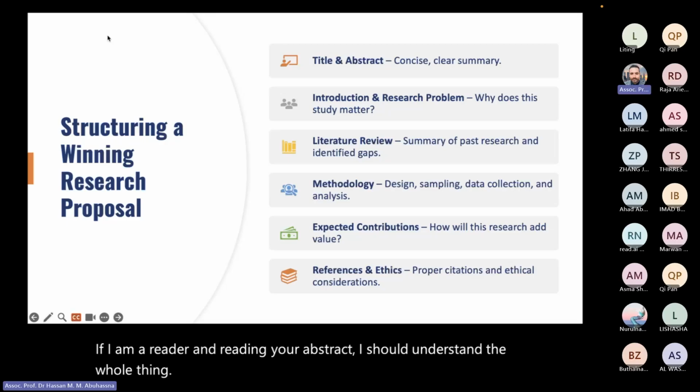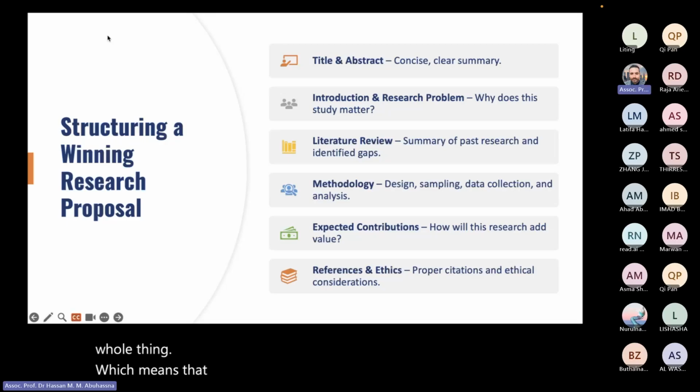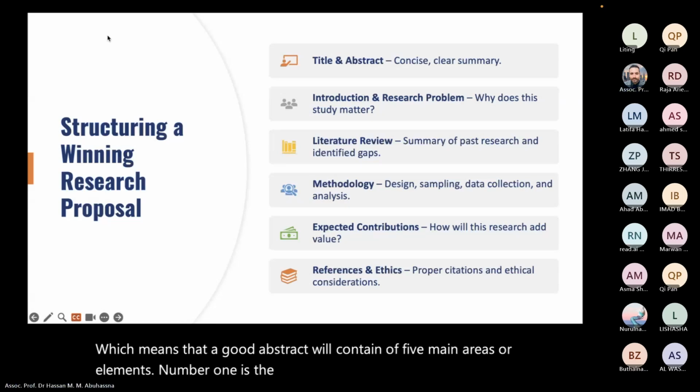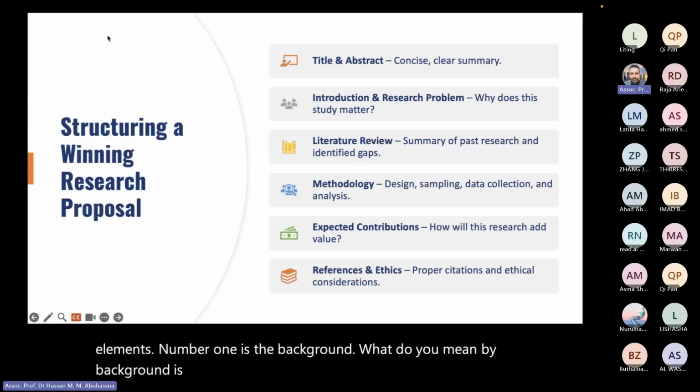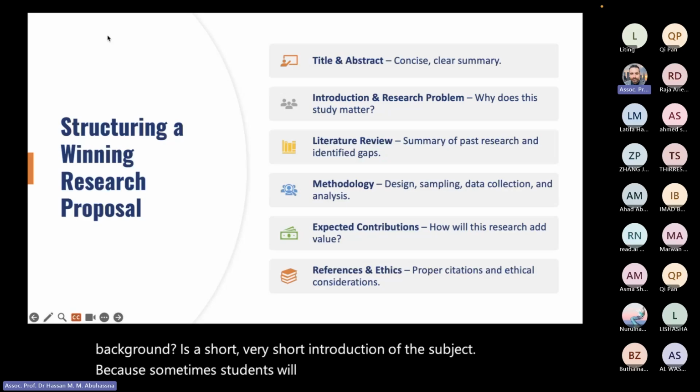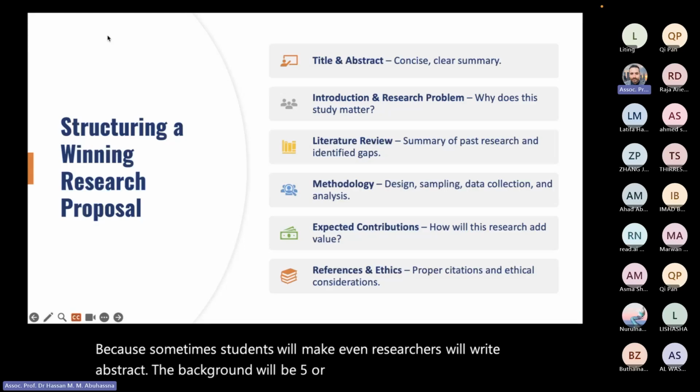Which means that a good abstract will contain 5 main areas or elements. Number 1 is the background. What I mean by background is a short, very short introduction of the subject. Because sometimes students, even researchers, will write an abstract where the background is 5 or 6 lines.